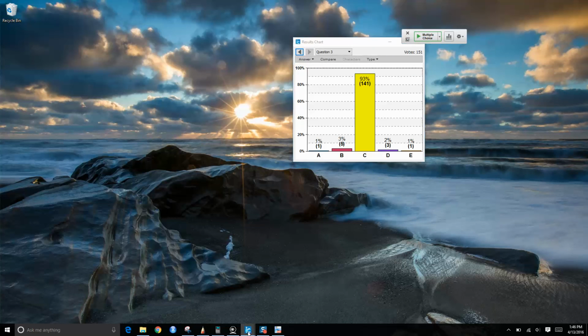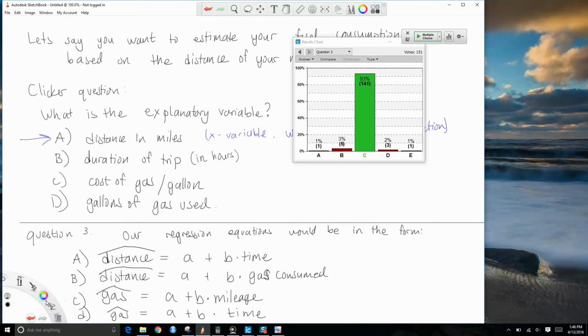Oh, there we go. Yes, that is our correct answer. We are trying to predict gas mileage, or gas usage, based on distance or mileage traveled, right?